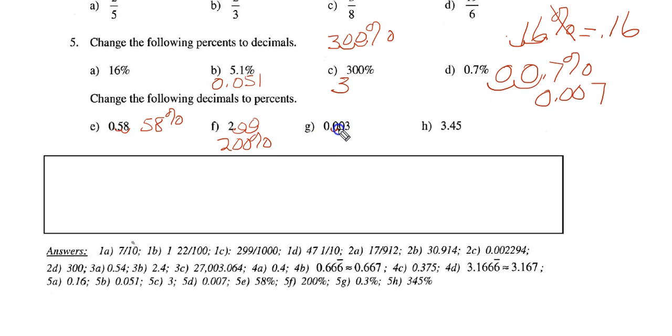Decimal here, 2 places to the right, it just becomes 0.3%. That makes it a lot easier that way. And I can put a 0 out there if I like. Again, change to percent. Move the decimal place over 2 places. 345%. And these are all down here too.